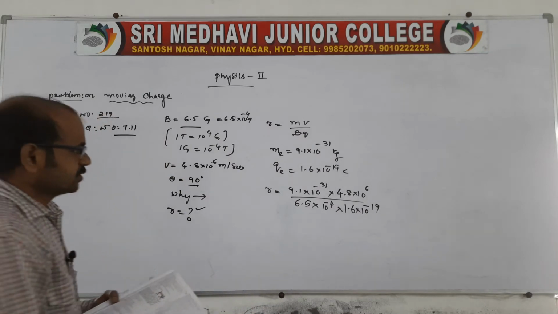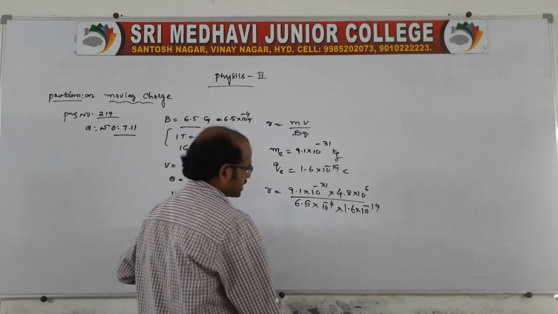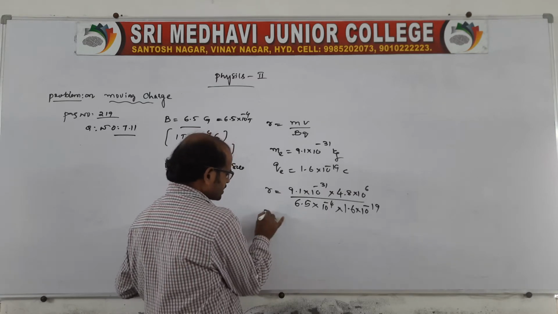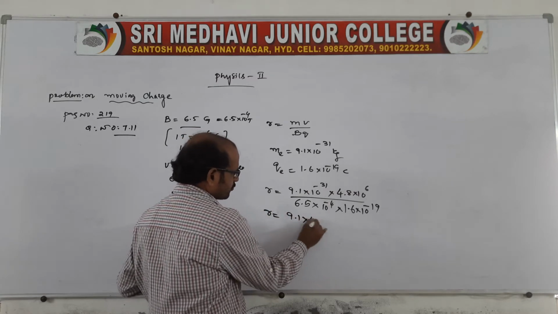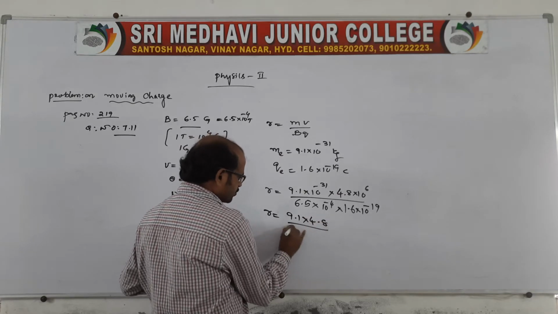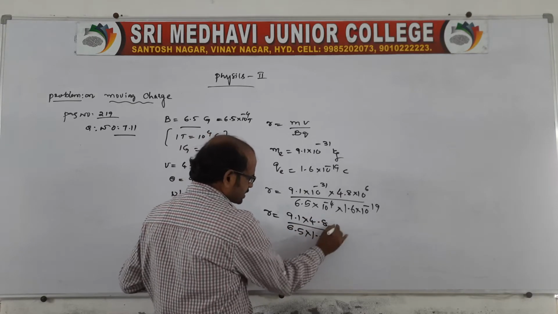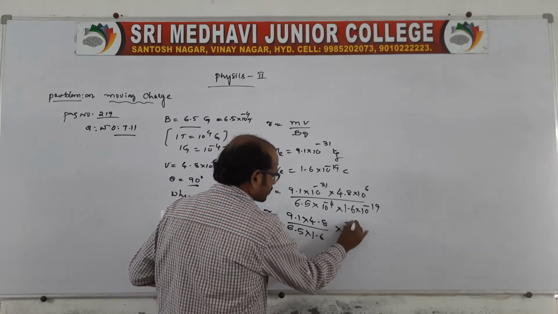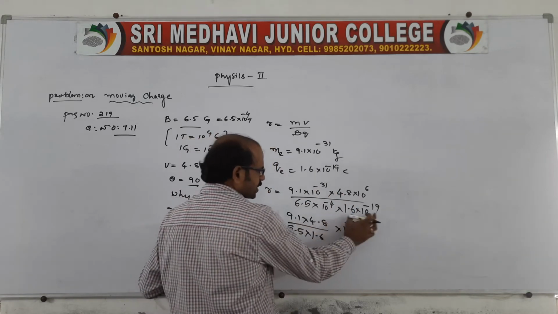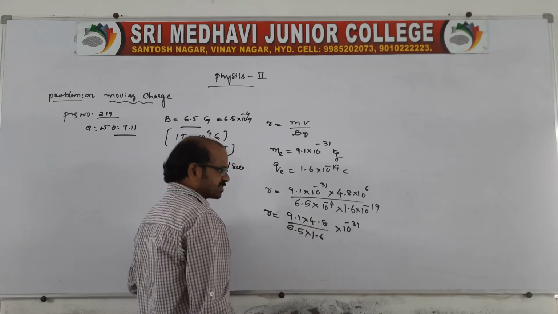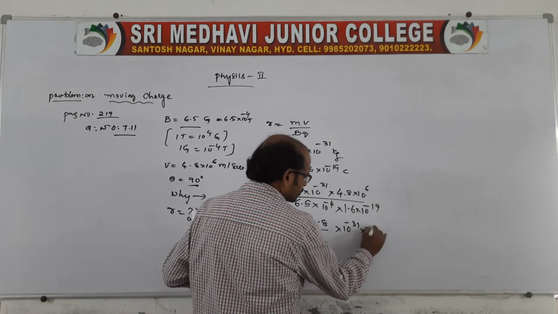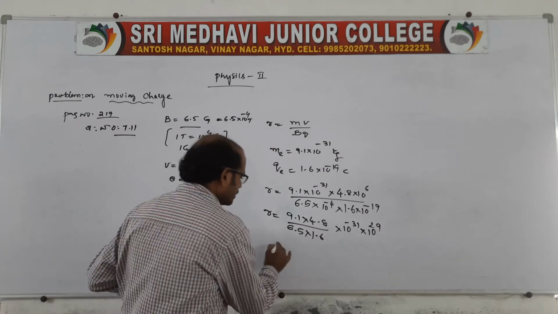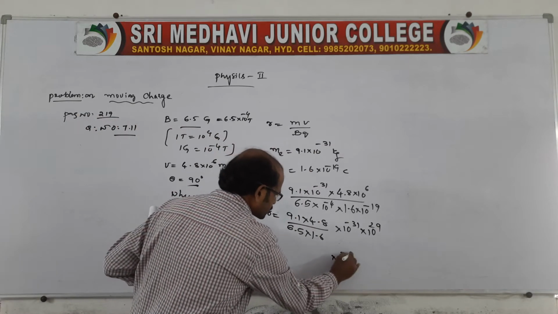First take 9.1 into 4.8 by 6.5 into 1.6, then combine the powers of 10: minus 31 plus 6 is minus 25, and minus 4 minus 19 is minus 23. Subtracting, we get 10 power minus 2.